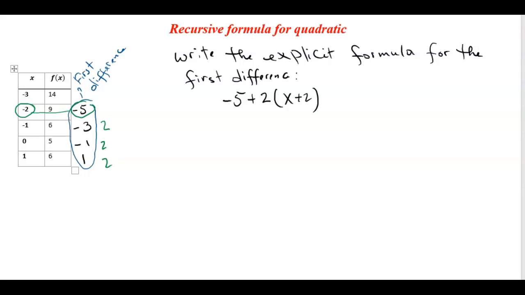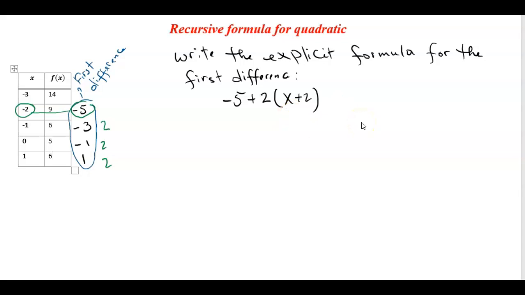Another way you can look at it, whatever that sign is, you just put the opposite sign. If it's positive, then this is negative. If it's negative, then this is positive. Since it's negative here, I make it positive. So that's another way you can look at it.